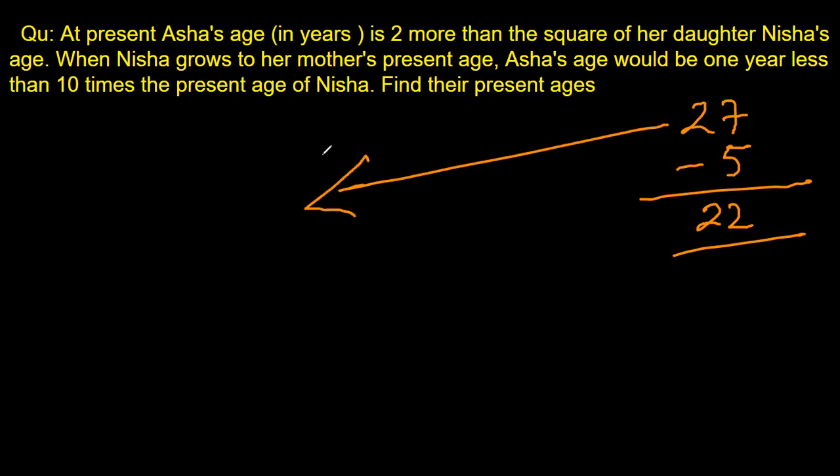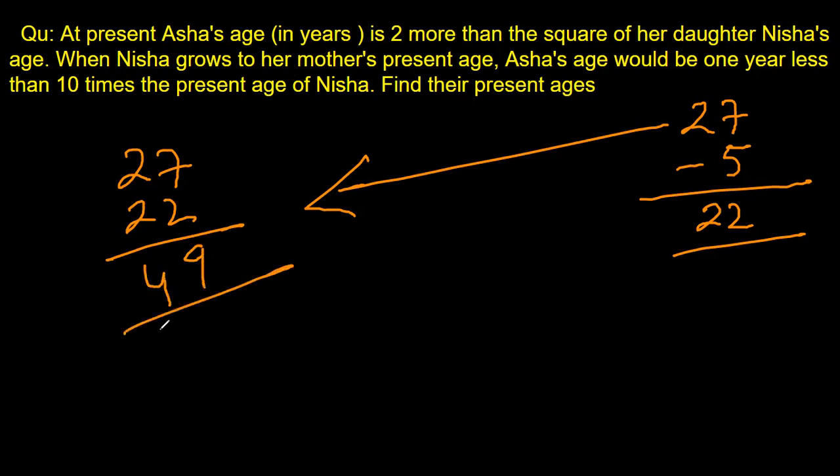She is right now 27. So this thing all is rough work. 27 plus 22 will be 49. She will be 49 years of age, right? Nisha's mother's age will be 49 years after 22 years.